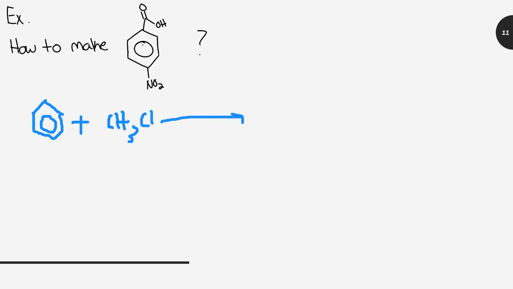So methyl chloride can react with benzene in a Friedel-Crafts reaction with AlCl3. This gives me Friedel-Crafts alkylation, which will just add that methyl group to the ring. An alkyl group is an ortho-para director, and I want these two groups para to each other.